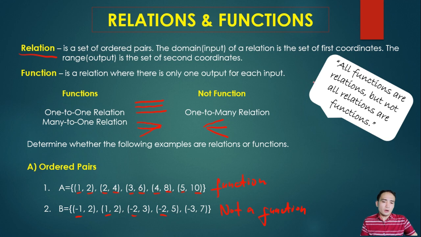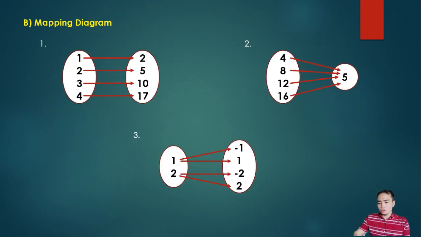By the way, all functions are relations. Lahat ng functions ay pwedeng sabihin na relations. But not all relations are functions. So, hindi lahat ng relations are called functions. Another way to determine if the given example is a function or not is by mapping diagram.